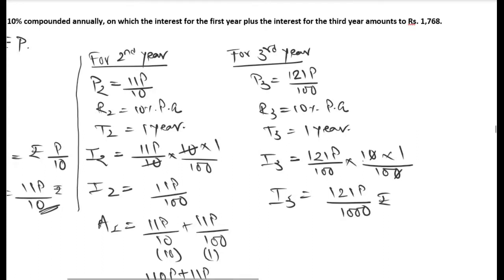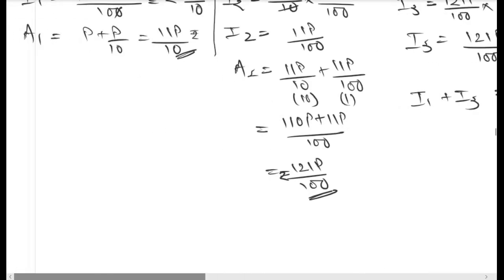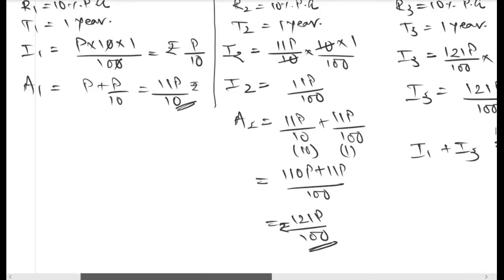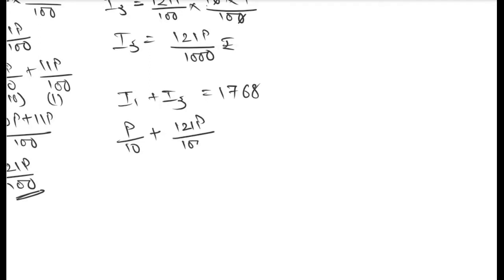Now what is the question? The interest for the first year plus the interest for the third year amounts to rupees 1768. So I1 plus I3 is equal to 1768. You remember what was I1? I1 was P by 10, right? So P by 10 plus what is I3? 121P by 1000 is equal to 1768.